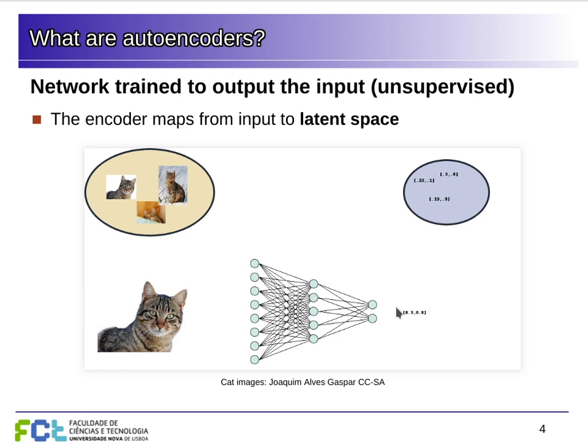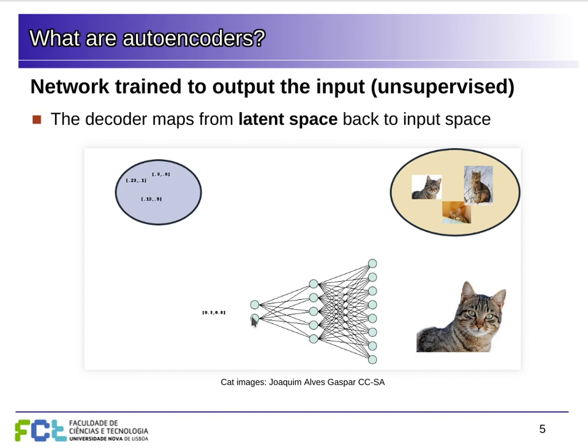So we can imagine that this encoder is converting pictures of cats or whatever into vectors that have a specific encoding for those images. And then we have the second part, the decoder, that takes those codes as input and maps them back into the original input space where we had the images.